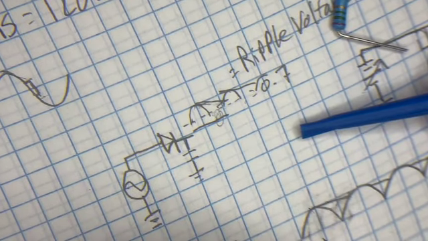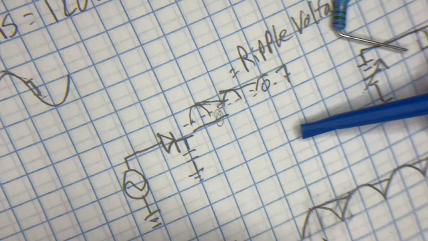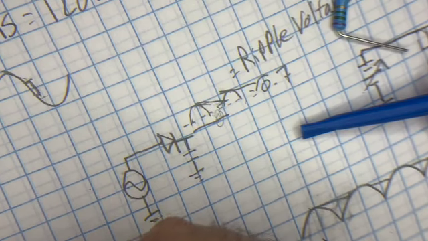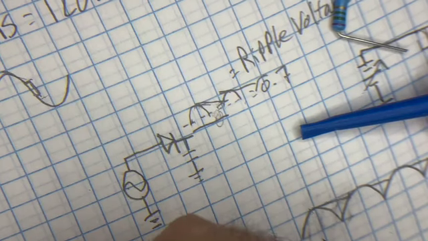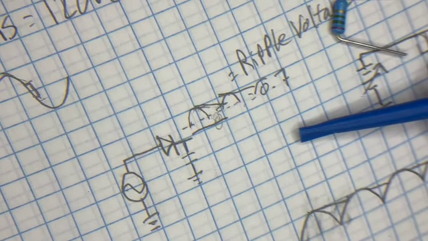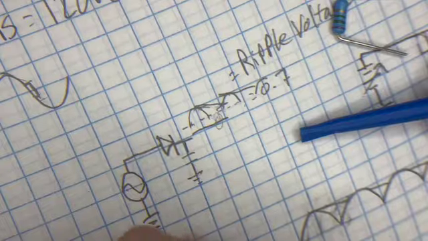So we're going to take the forward voltage, which is usually represented with a V with an F, and we're going to subtract that from the source. So let me write this down here better.